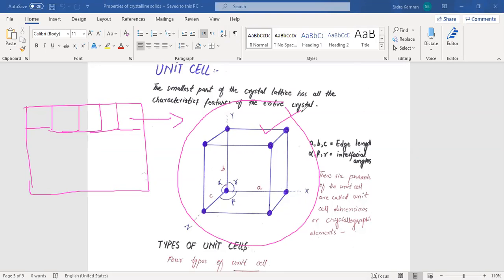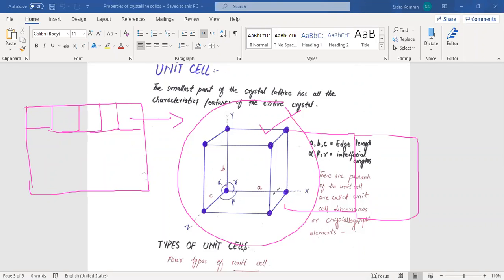The entire crystal can be built up by repeating it in three dimensions. As I told you before, if you repeat this unit, you get the crystal lattice. When you repeat this unit cell again and again in all directions as a three-dimensional structure, you get the complete crystal lattice.